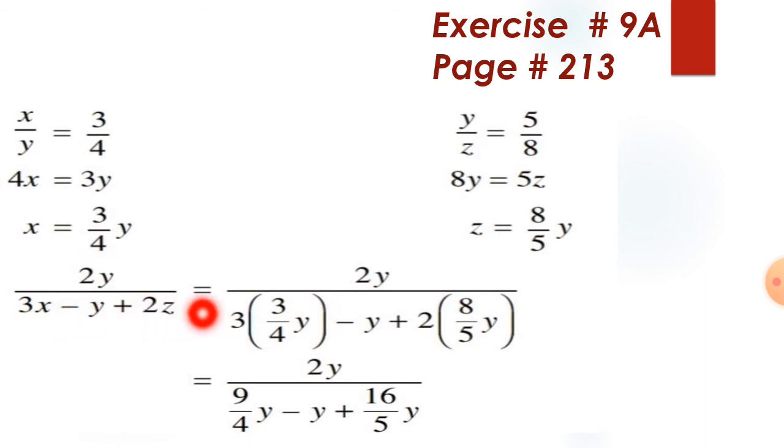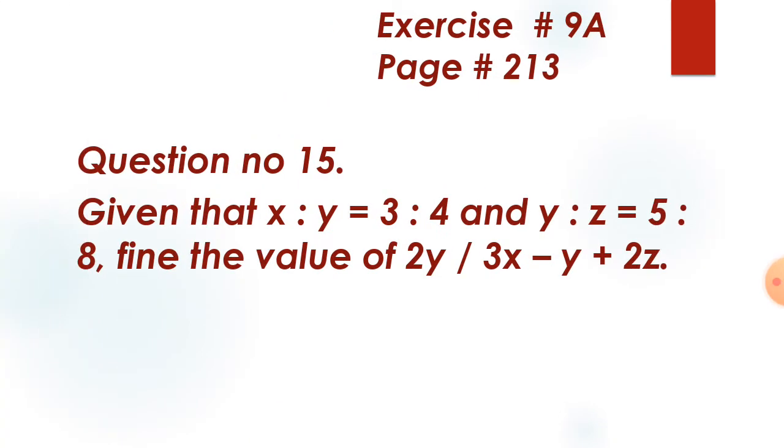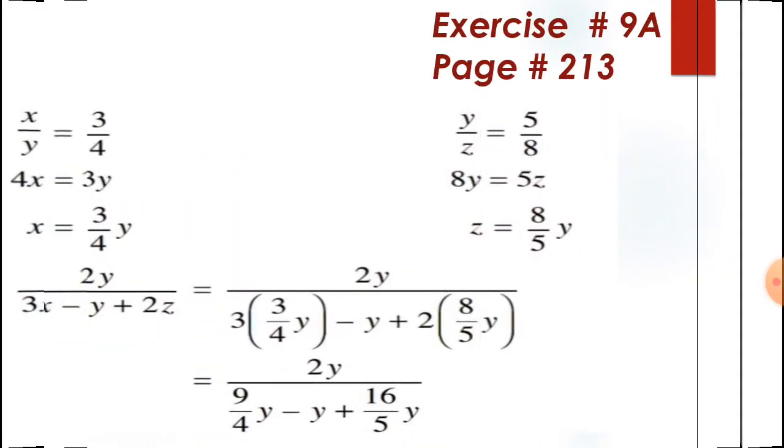Now we are going to put the same values of x and z in the question that was given in the book: 2y divided by 3x minus y plus 2z.